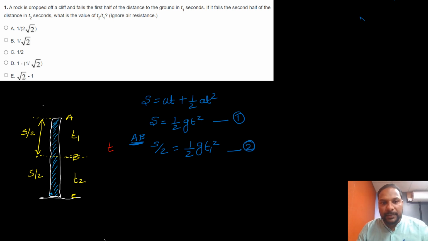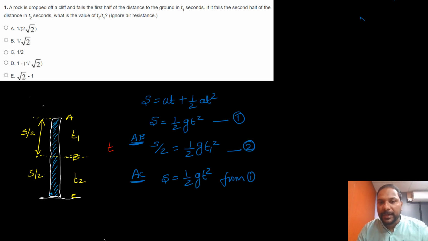Clear? Now the total distance from A to C. For the total distance from A to C, the total time is t, so S is equal to half g t square, from equation number 1. Now we can equate equation number 1 and 2.